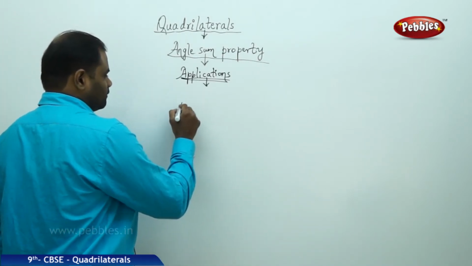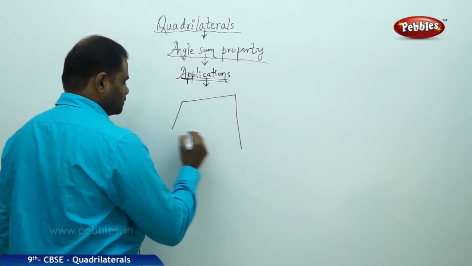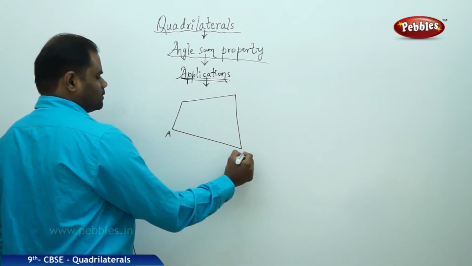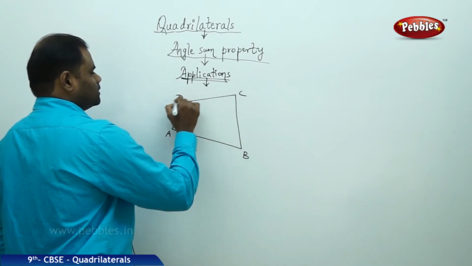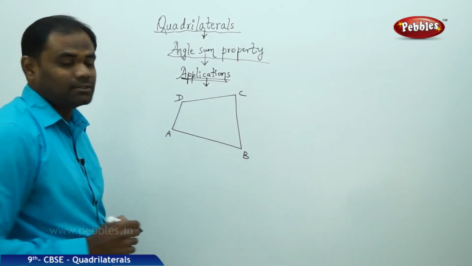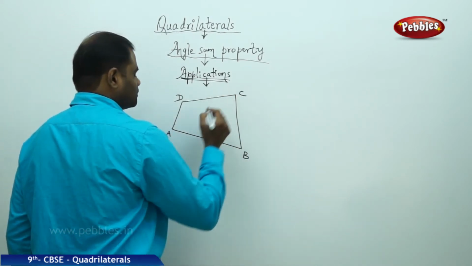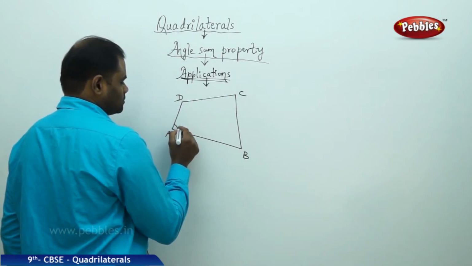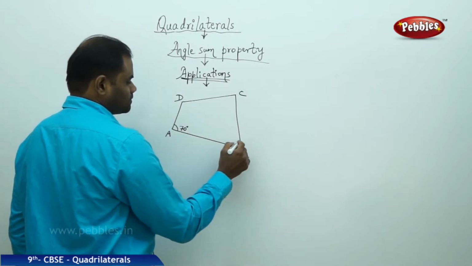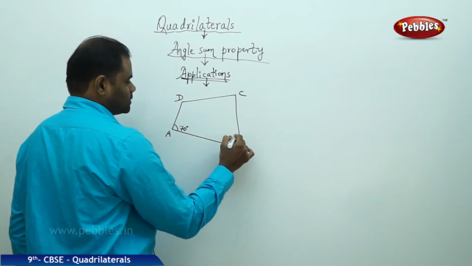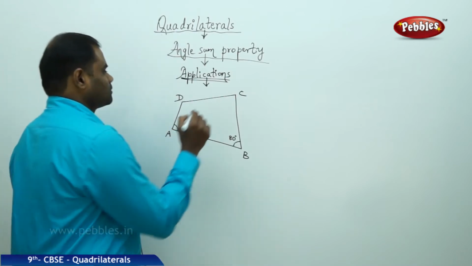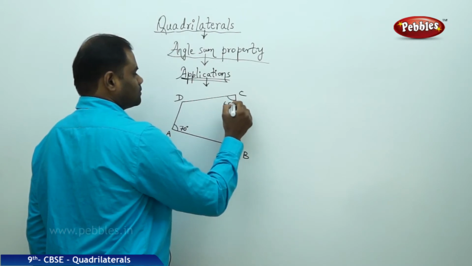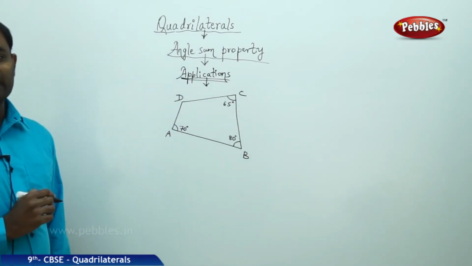For example, I have a quadrilateral ABCD in which this angle is 70 degrees, this is 80 degrees, this is 65 degrees.